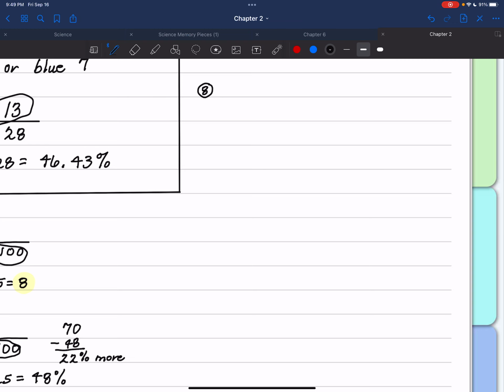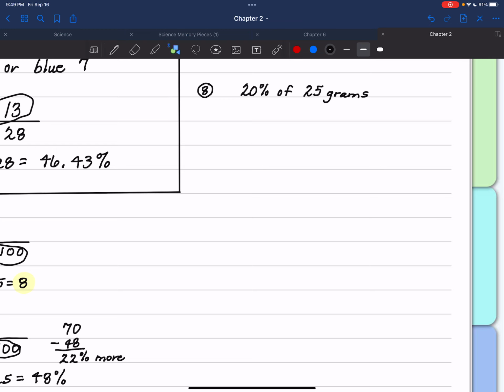If a can of black beans contains 4 servings, how many grams of dietary fiber are contained in the can? Well, a serving of black beans is 20% of this amount. What is this amount? It's 20% of 25 grams.